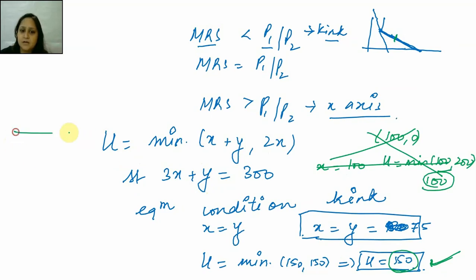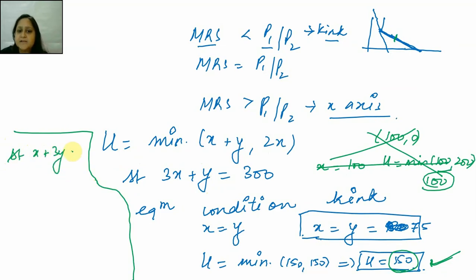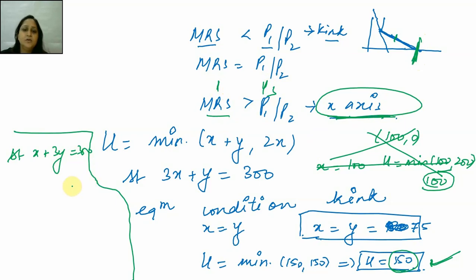Now the same thing except now it subjects to x plus 3y is equal to 300. So according to our logic, MRS is still 1, but P1 by P2 suddenly becomes 1 by 3. In which case our equilibrium should be on the x-axis. MRS अभी भी 1 है, but P1 by P2 1 by 3 हो गया, तो मेरा equilibrium कहाँ होना चाहिए? x-axis के ऊपर. निकालते हैं. x क्या हो गया? 300.